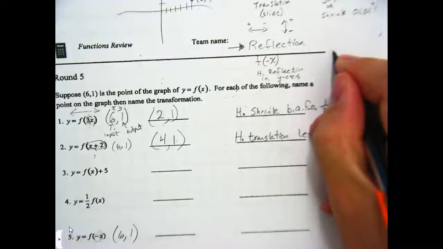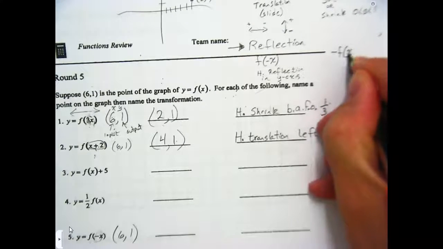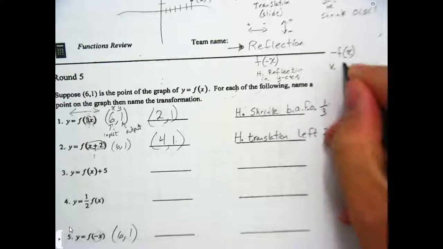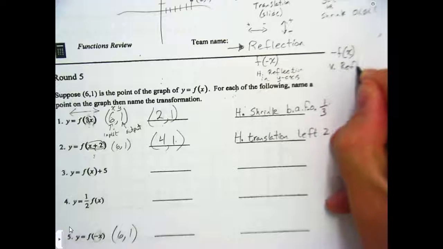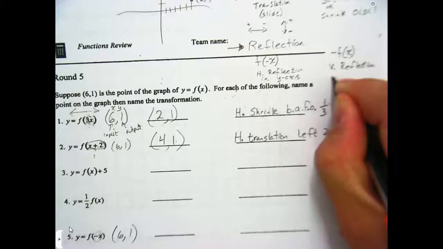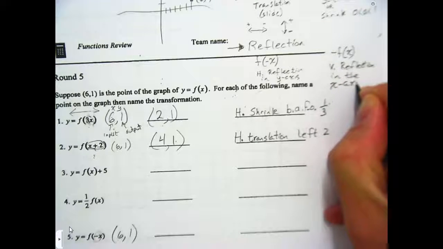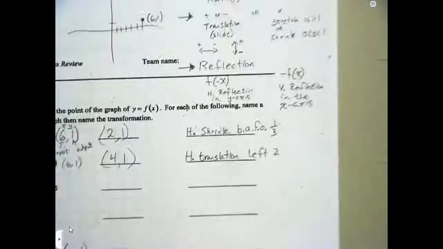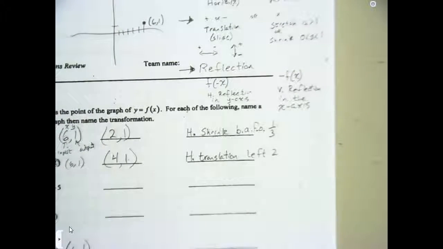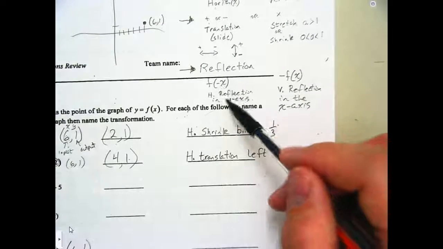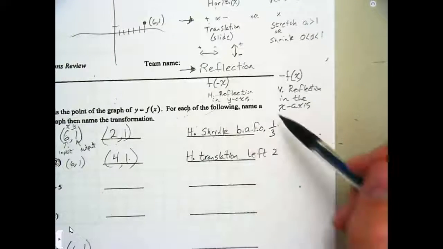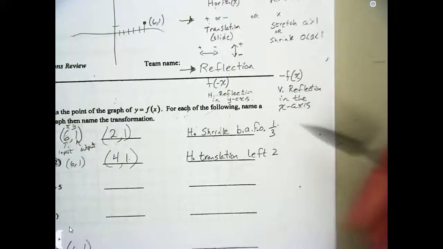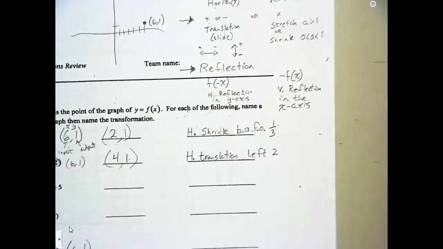Now remember, if it's negative f of x, that is a... Yeah, it's a vertical reflection in the x-axis. Okay? So, on this problem here, this one is a horizontal. Now, usually you wouldn't write horizontal or vertical, you just write reflection. But I'm trying to stick with our horizontal and vertical theme.